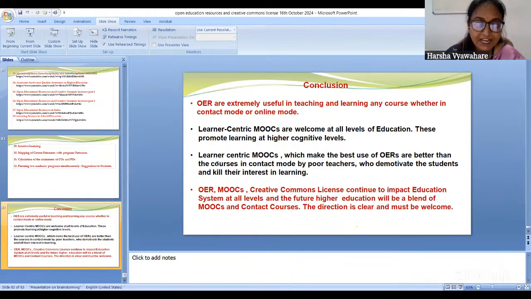Sir, your deep insights into open access materials and the Creative Commons frameworks have provided us with invaluable knowledge that will help us better utilize and contribute to education. We are very grateful for the time and effort you have taken to share your expertise with us. Thank you so much, sir.